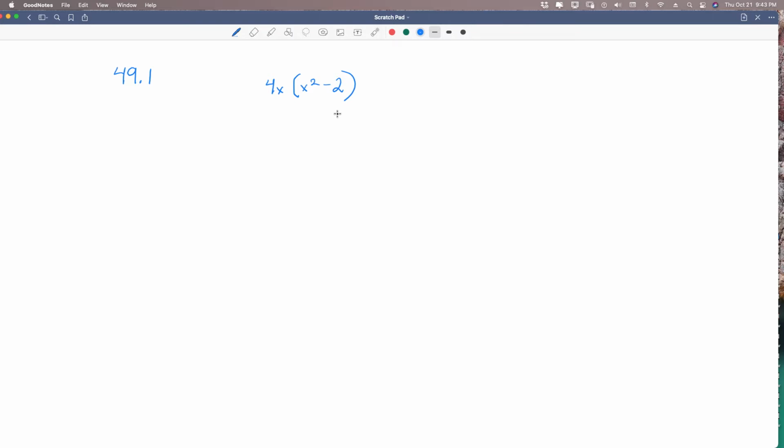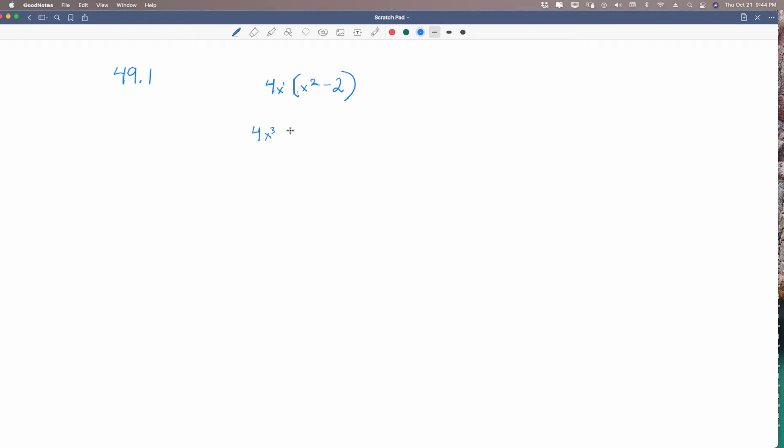So what that means is 4, the constant, is multiplied by the constant. So we have an invisible 1 here. 4 times that invisible 1 is 4. x times x squared, there's a little invisible 1 exponent. We add the exponents together and we get x to the third.